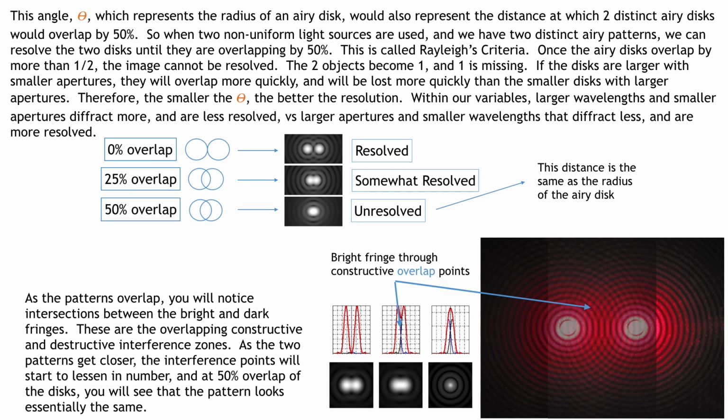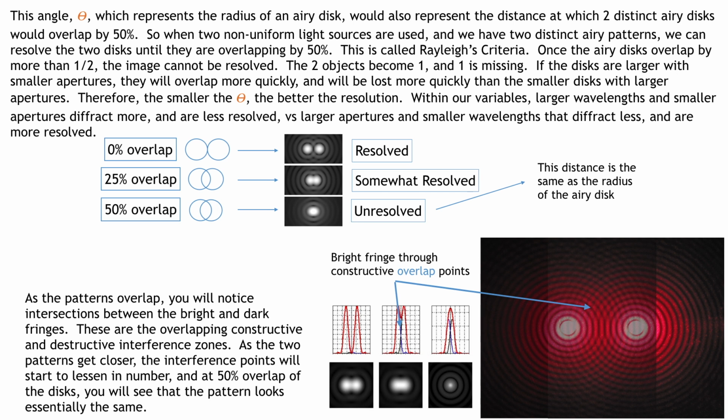And once the Airy disks overlap by more than a half, or more than 50%, the image cannot be resolved as distinct. The two objects become one, and one is missing. If the disks are larger with smaller apertures, recall that the angle gets wider if we shrink down the aperture.